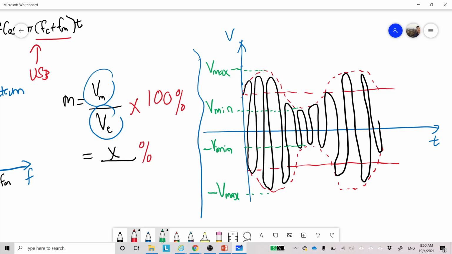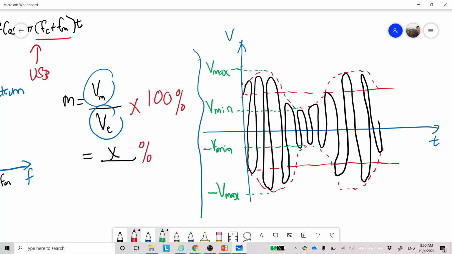And then from here, before that, you see from the frequency spectrum here that the distance here is FM. So from here you can find the bandwidth.